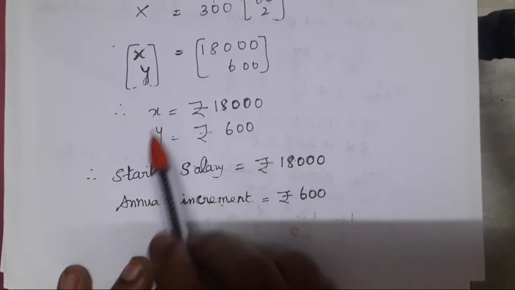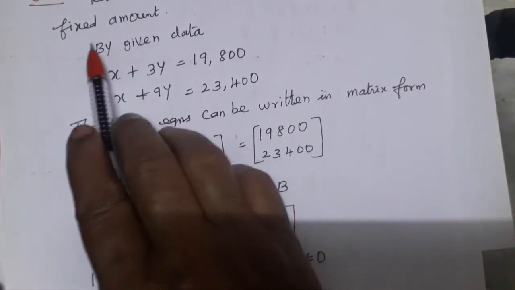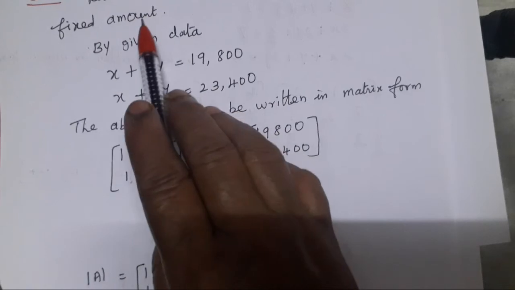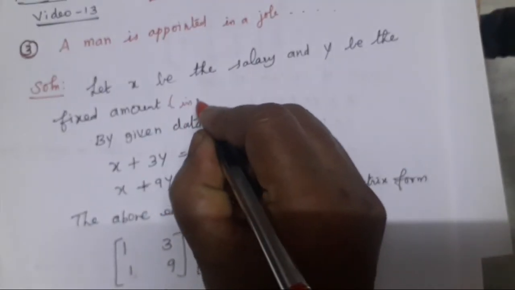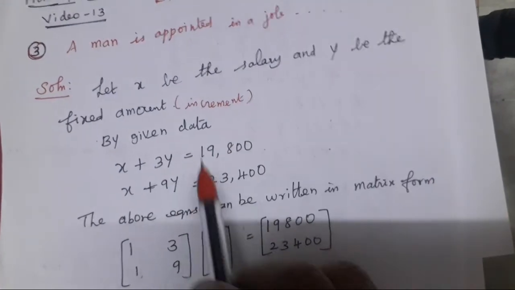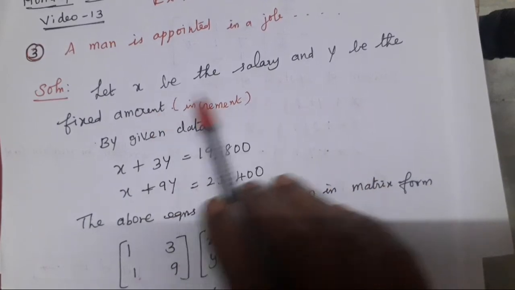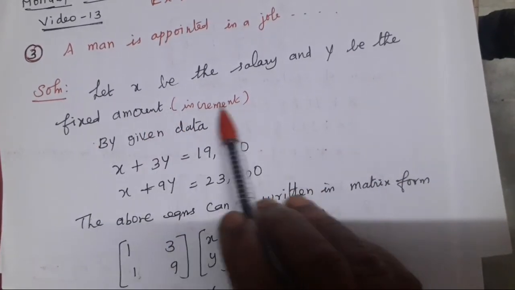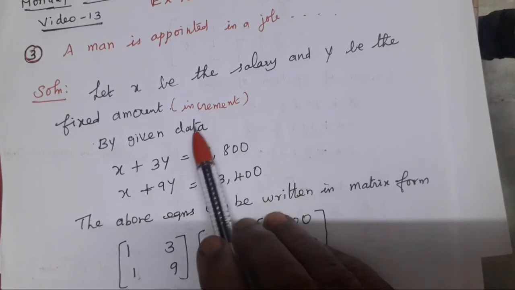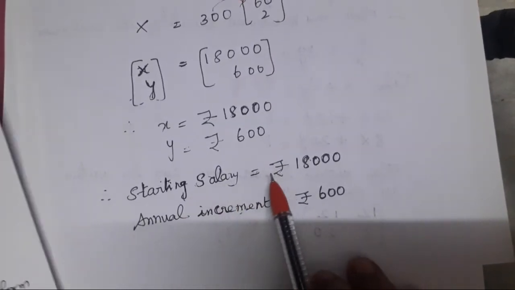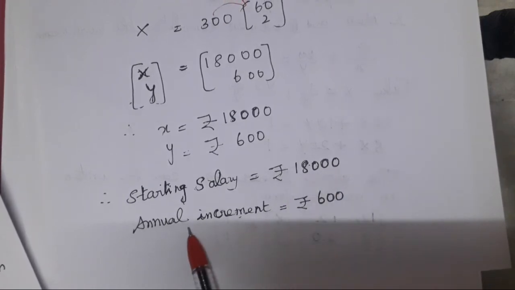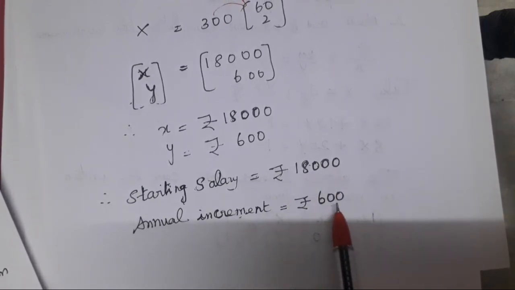Because we took it as: let x be the salary and y be the fixed amount, that is the increment. So we get the starting salary is rupees 18,000, and the annual increment is rupees 600.